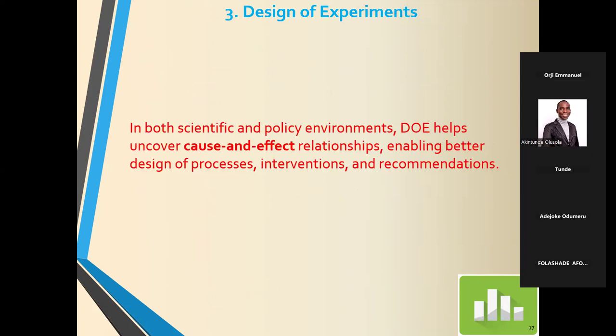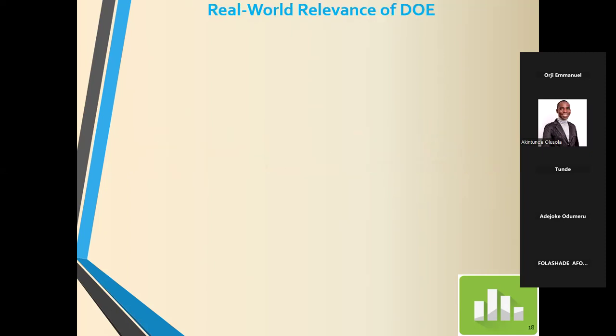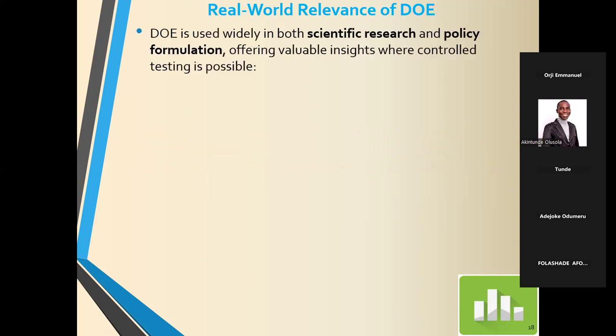So in both scientific and policy environments, DOE helps to uncover cause and effect relationships, enabling better design of processes, interventions, and recommendations. So we're going to see the real-world relevance of DOE, okay? DOE is used widely in both scientific research and policy formulation, offering valuable insights where controlled testing is possible.